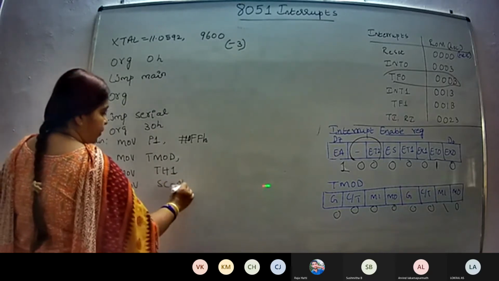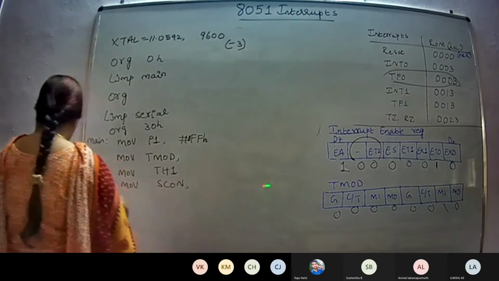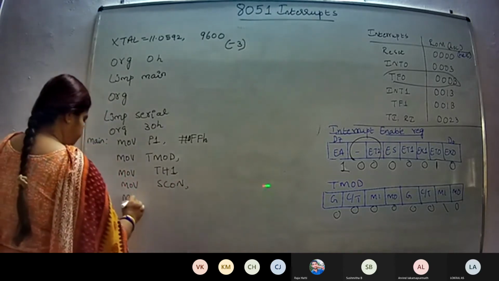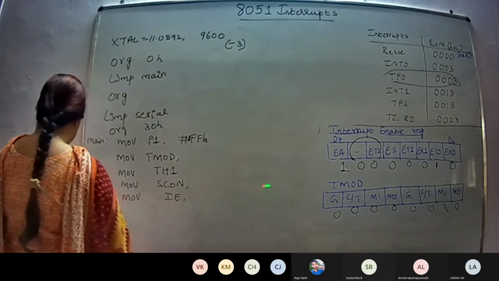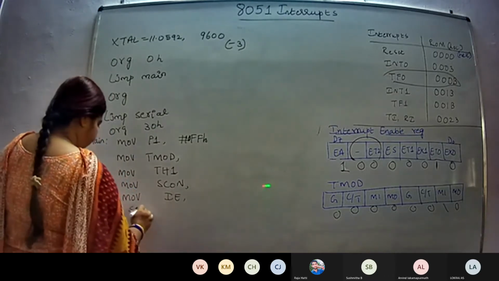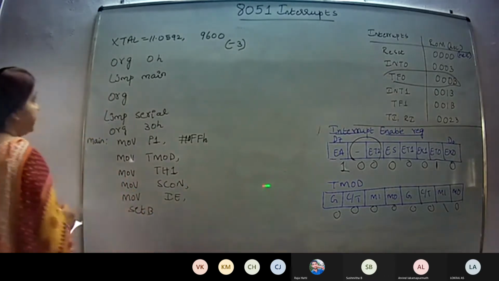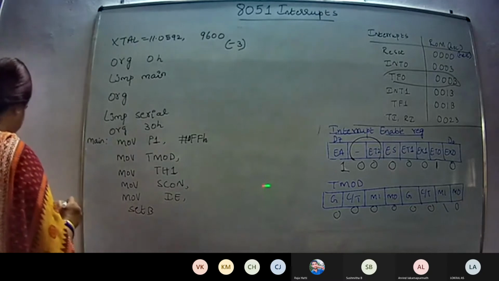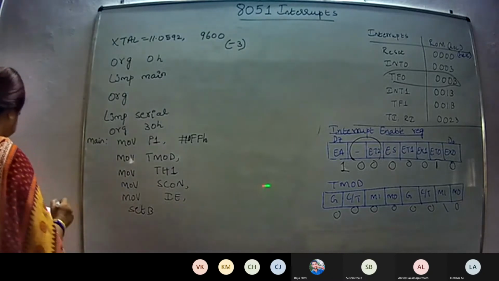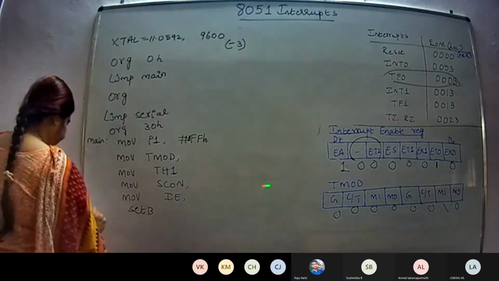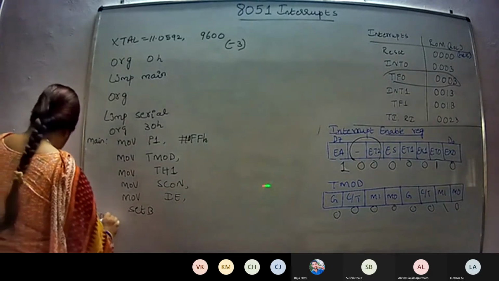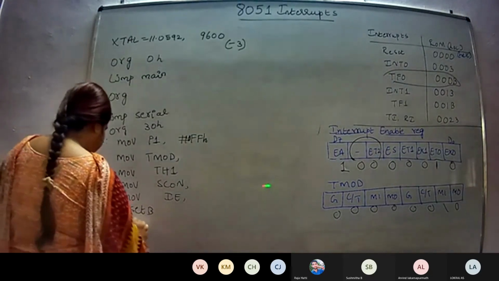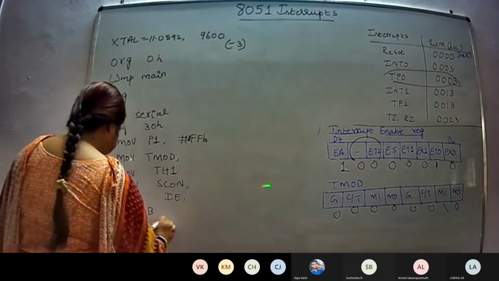One more register we use is SCON. Then IE. Which bit should be set? It is for timer 1 mode 2. Everybody has to tell one value now. Just see.